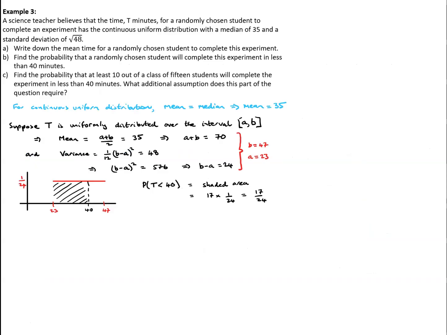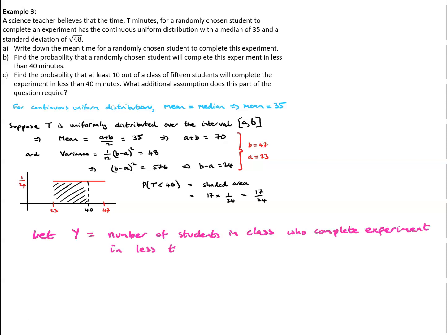Find the probability that at least 10 out of a class of 15 students will complete the experiment in less than 40 minutes. What additional assumption does this part of the question require? Well, let y be the number of students in the class who complete the experiment in less than 40 minutes.